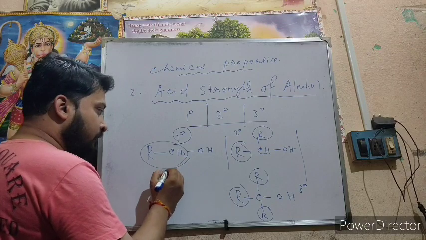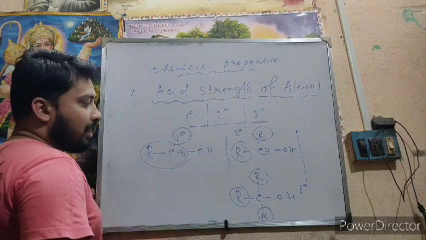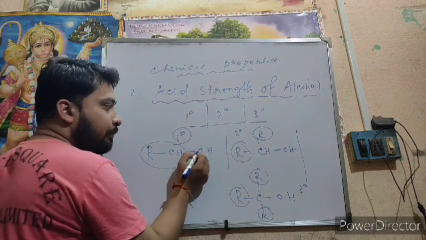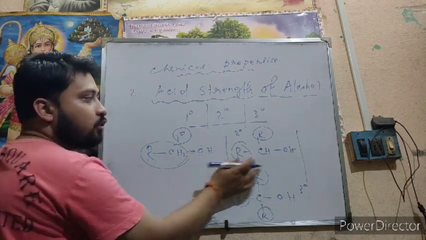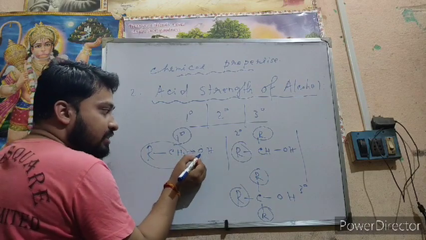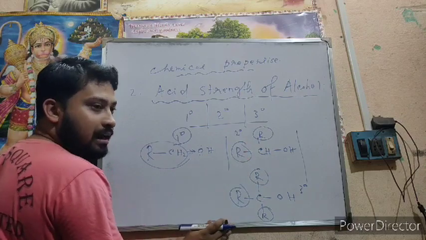Look, for RCH2OH, the electron density on oxygen is not so high as compared to 2 degree or 3 degree alcohol.